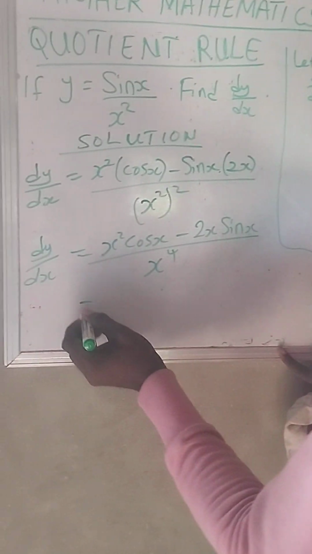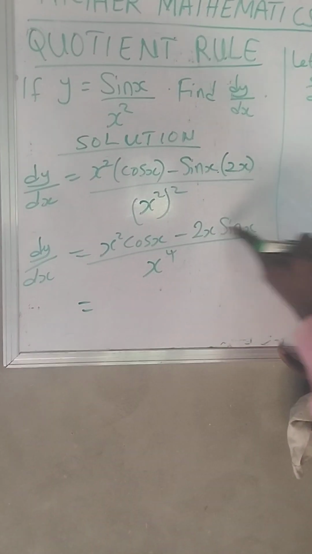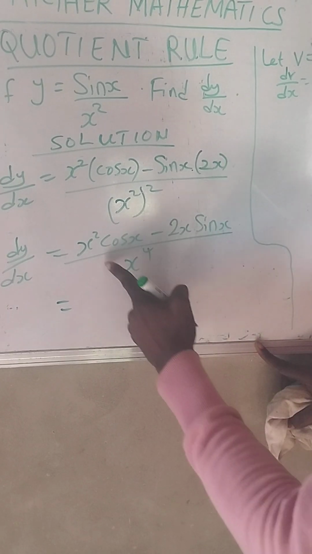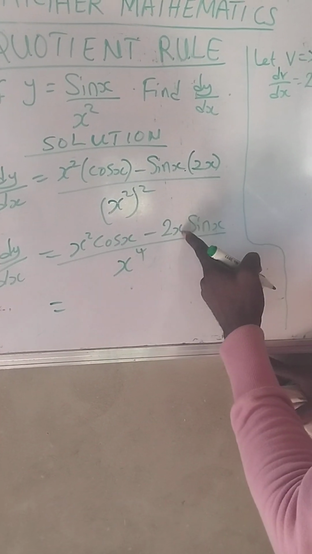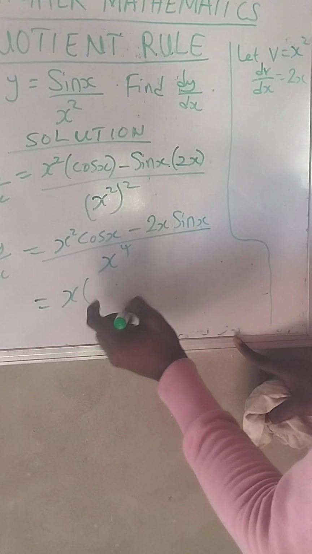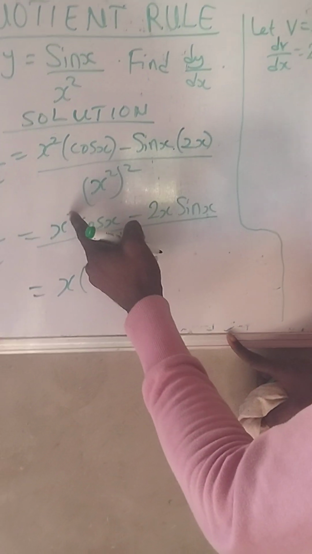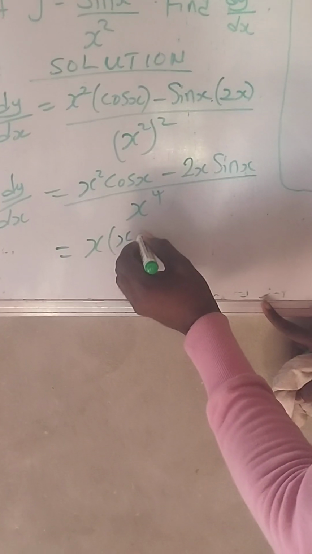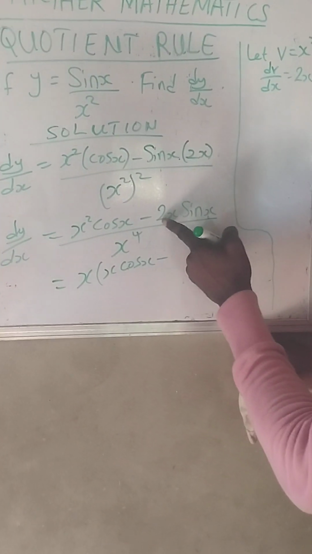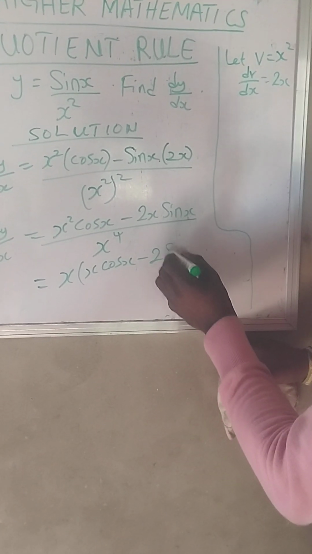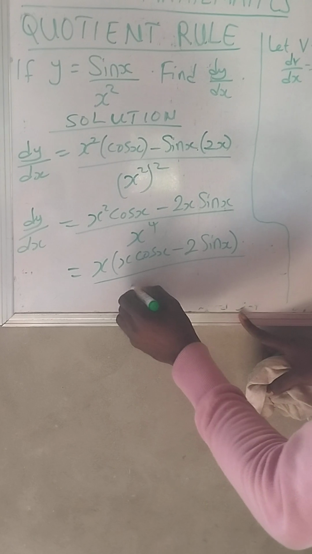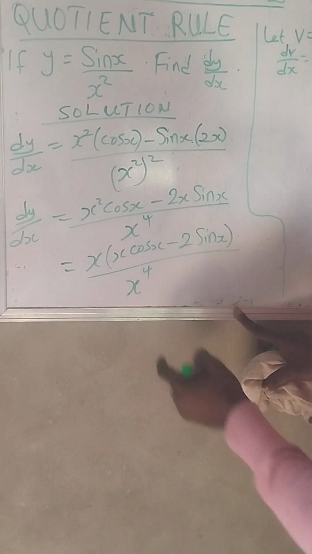Now let's look at what we can factorize on this numerator. There is x here, there is x here. Factor out x. If you bring out one x here, you have another x left: cos x. Minus, if you bring out x from 2x, you're left with 2 sine x, close the bracket, all over x raised to the power of 4.